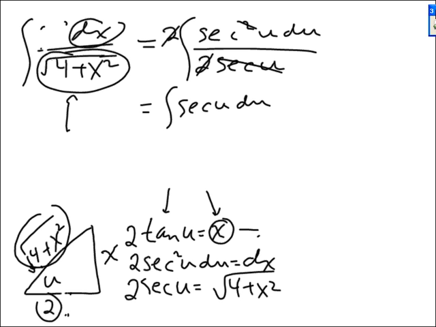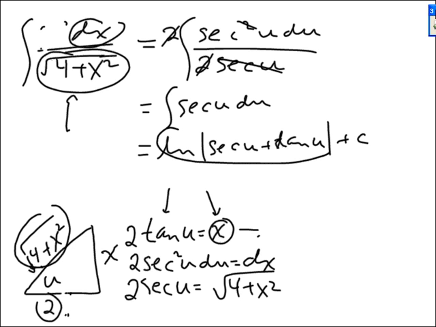And the integral of secant u du, if I'm not mistaken, is ln of secant u plus tangent u, plus c. And we can make sure that's right real quickly. If I take the derivative of this, I should get back secant u.